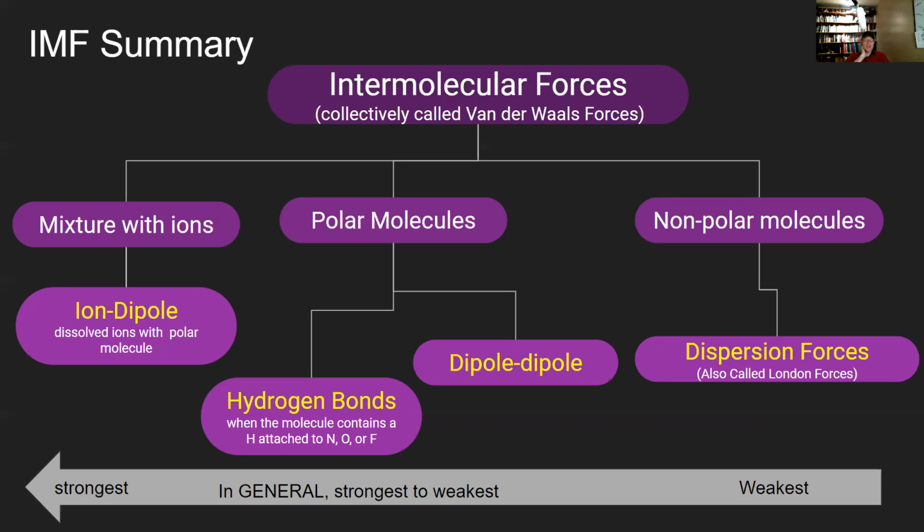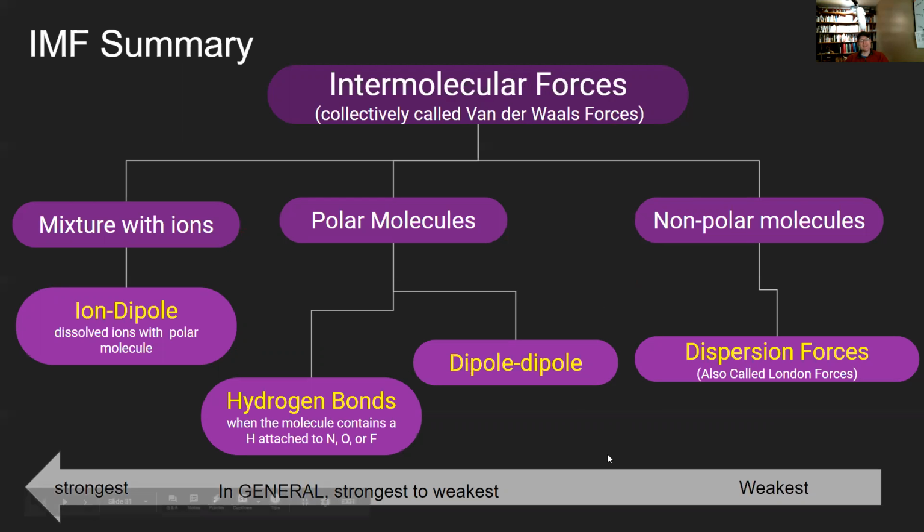Mixtures with ions will have ion-dipole attractions. Polar molecules will all be dipole-dipole, some of which might be the hydrogen bonds that we've spent some time talking about. And non-polar molecules have dispersion forces, which are also called London dispersion forces.